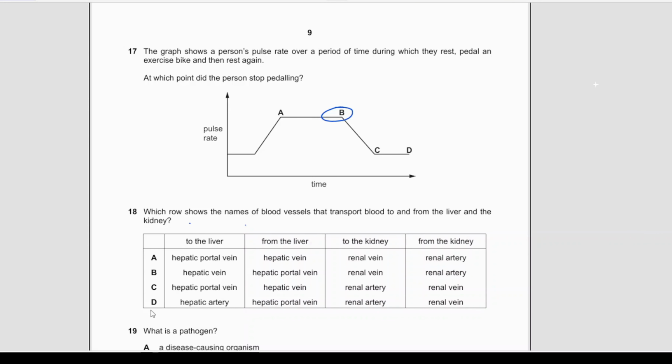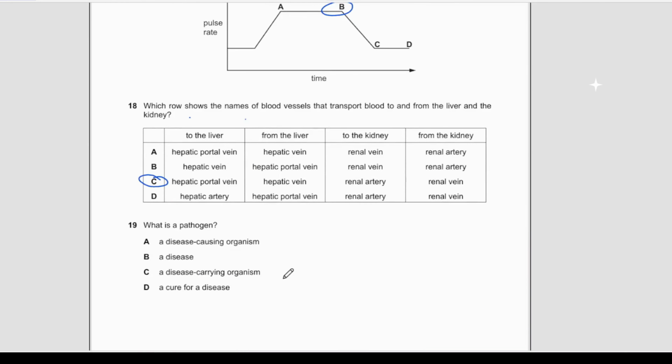Okay, let's say hepatic artery, hepatic portal vein actually. Correct. From the liver, vein; to the kidney, artery; and from the kidney, vein. What is the pathogen? Correct.